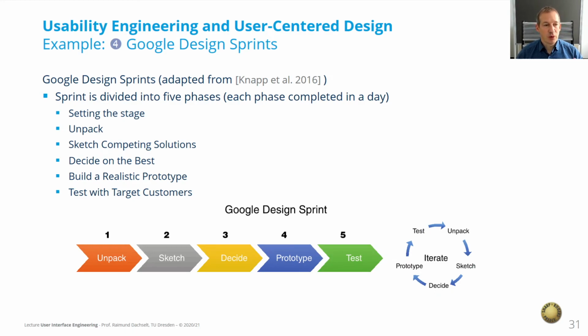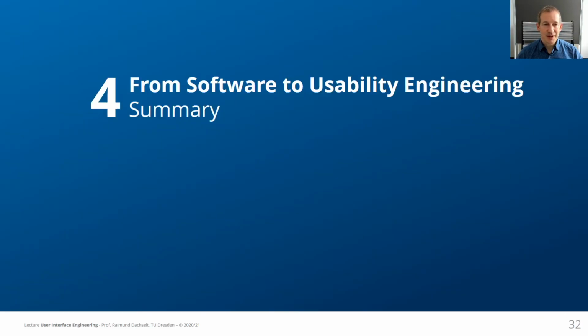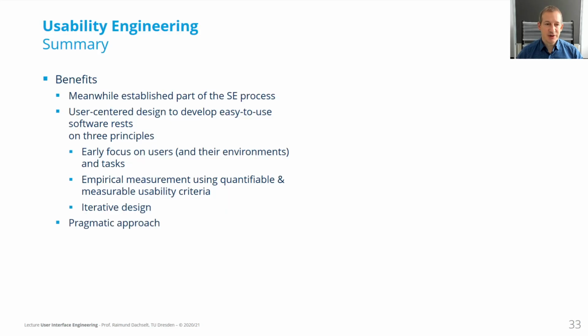So this is just a more recent usability engineering life cycle from Knapp et al., which is like an agile software engineering, used for a more agile development and not having these long phases like with the earlier design methods.